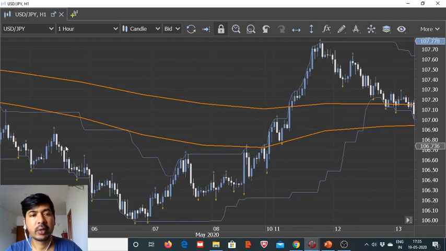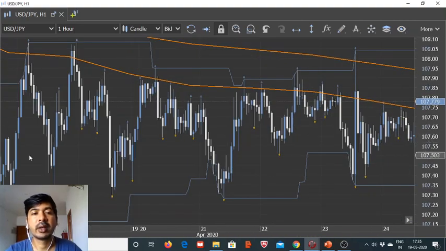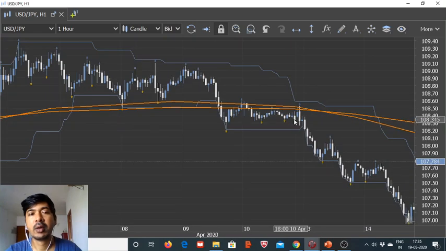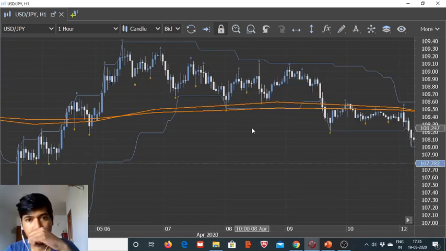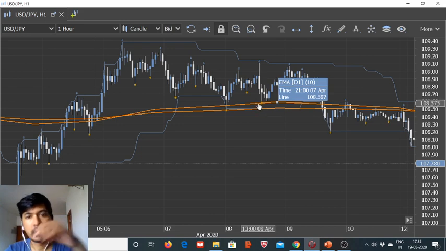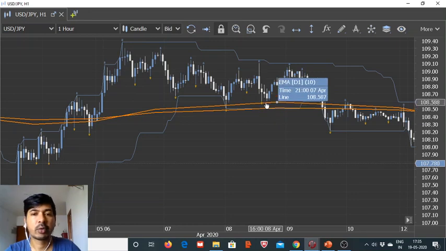For that we will also need the crossover of these 10 and 20 EMAs to be in the bullish zone, somewhere like this. Now the EMA crossover is in bullish territory. One more thing, as I said, we will also want the last tick price to be less than the 10 EMA.